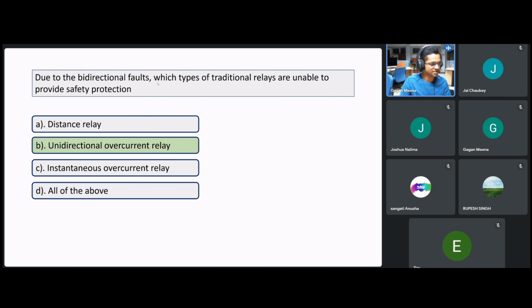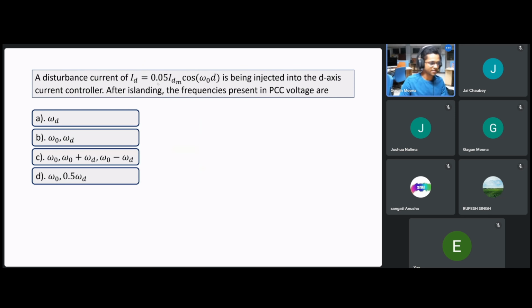So let us see the next question. This is a good question. If you have understood these techniques, then you will be able to answer this question. A disturbance current of this value Id is being injected into the D-axis current controller.